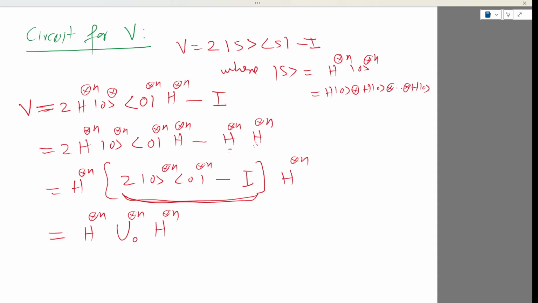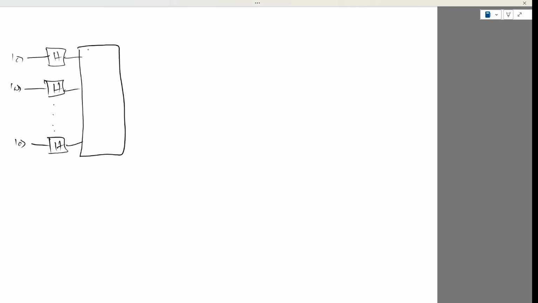So we have the total circuit for the algorithm like this now. So let me actually add a page. Now the full circuit is this: Hadamards on all qubits initialized in 0, and then oracle UF, and then the V operator.